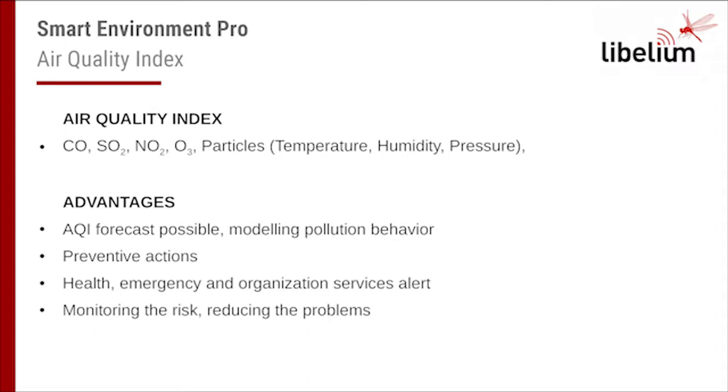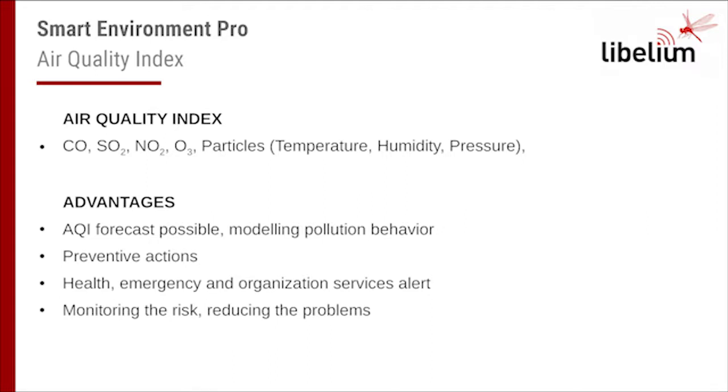The air quality index is a number from 0 to 500, where 0 is the best possible value. This number will give you an idea about the quality of the air you are breathing. The parameters you need to know are the CO, SO2, NO2, O3, and particles.